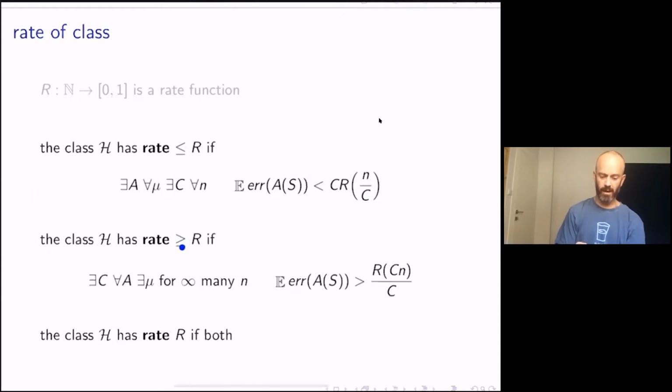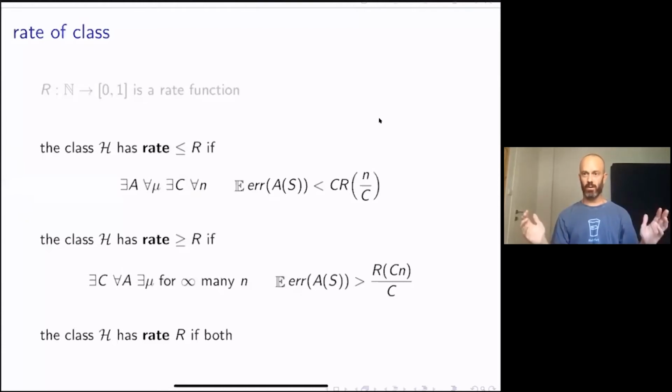Rate at least R means that no algorithm can do better. You can read the quantifiers, but the meaning is that no algorithm can do better than R. And rate exactly R means rate at most R and rate at least R. So now we have a way to define a rate. We define the rate for a specific context.